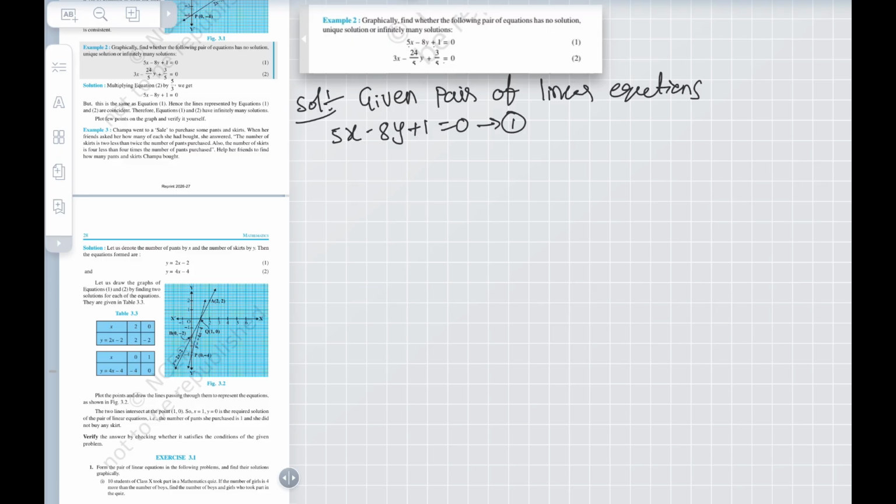This is equation 1. 3x minus 24 by 5 y plus 3 by 5 equals 0. This is equation 2. So let us simplify equation 2.